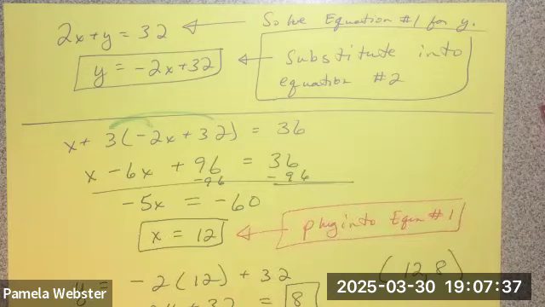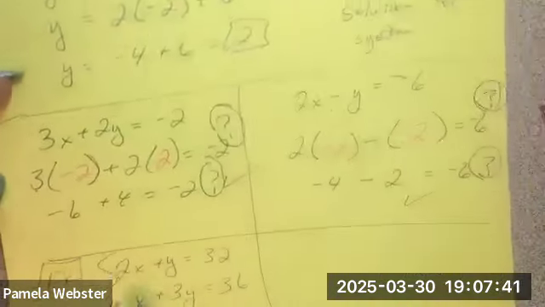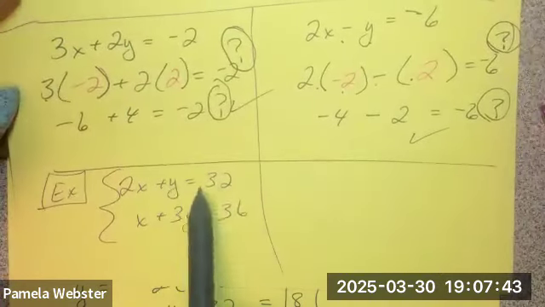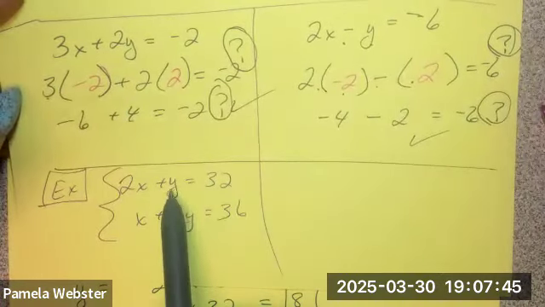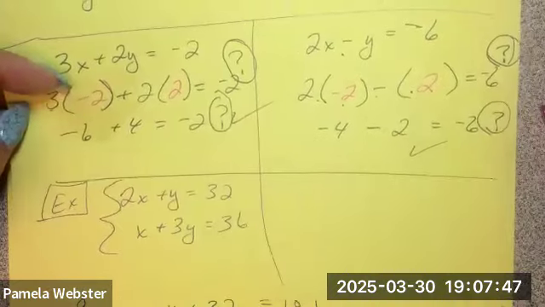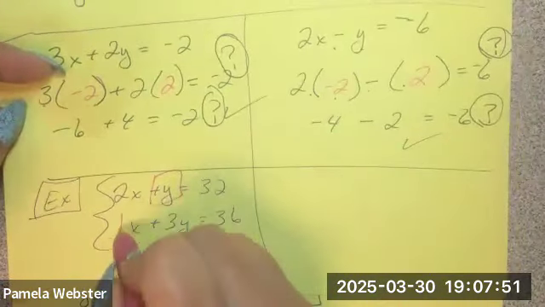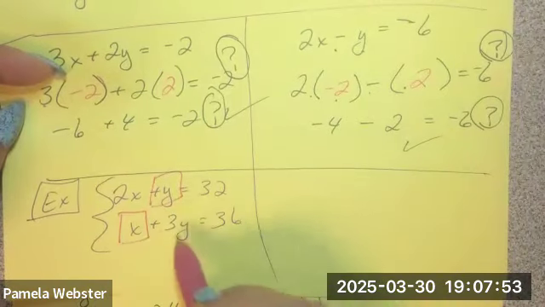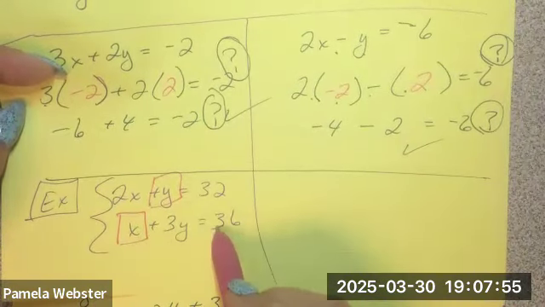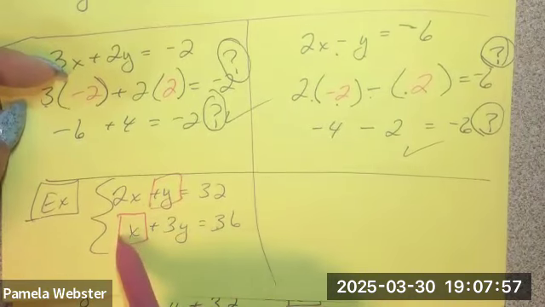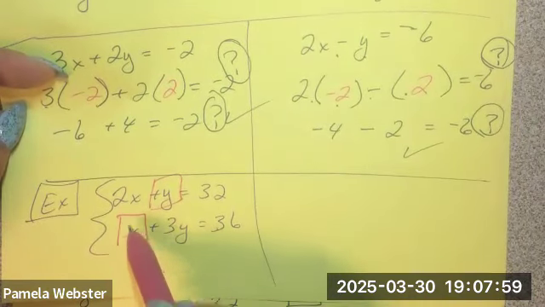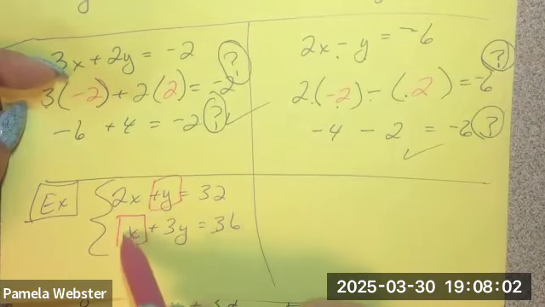Now, I'm going to say this before I get started. I chose to take equation number 1, the first equation, and solve for y. But in this particular example, it would have been just as easy for you to take equation number 2 and solve it for x, because it also is sitting there all by itself with no coefficient.